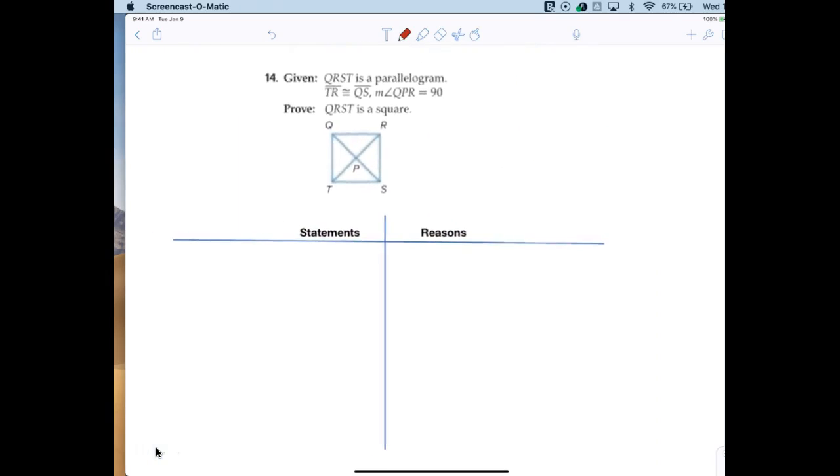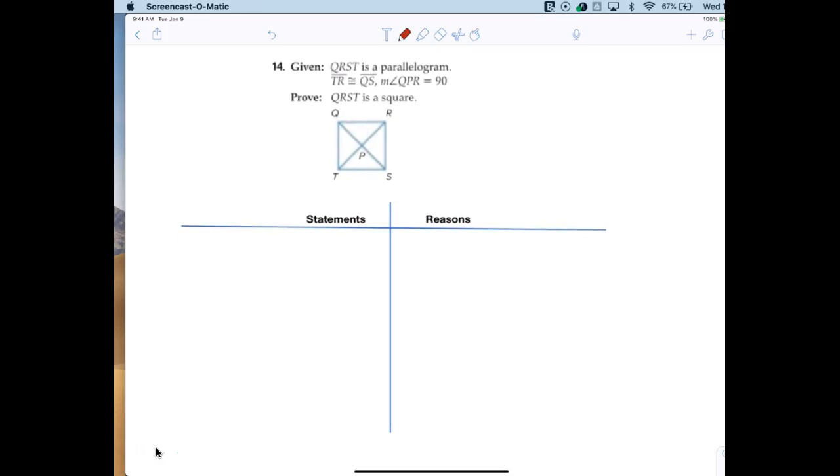Let's take a look at 14. Okay, there's a lot going on here. I'm trying to prove that it's a square. All right, so here we go.